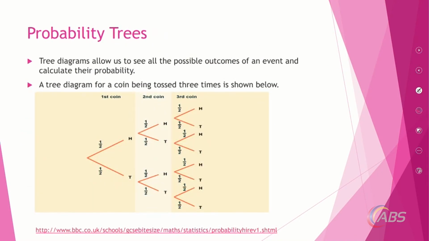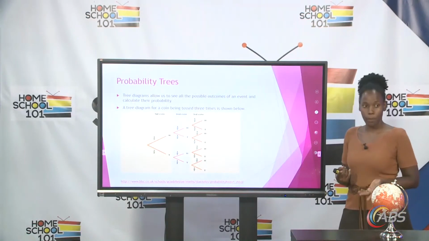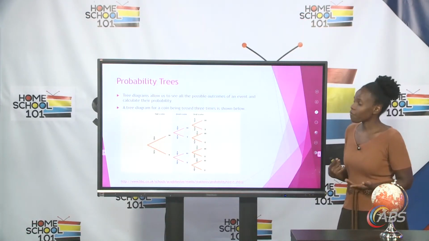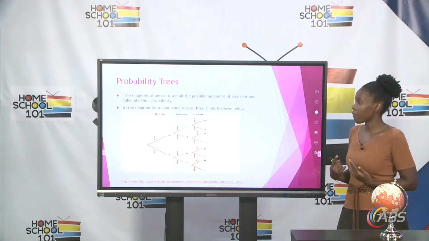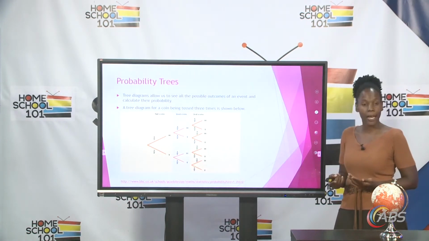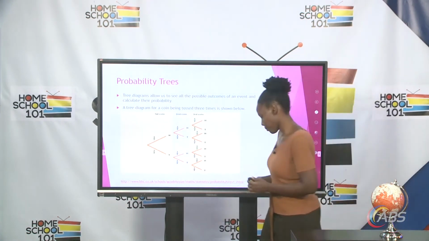We will then look at probability trees. A tree diagram or probability tree allows us to see all the possible outcomes of an event and calculate their probability. For example, a tree diagram for a coin that is tossed 3 times is shown here.